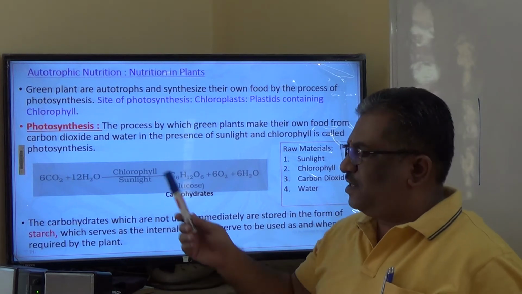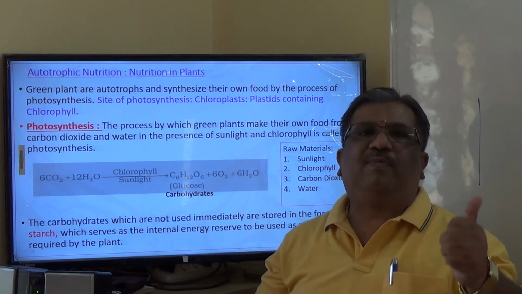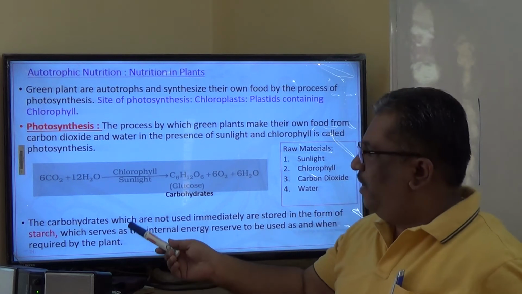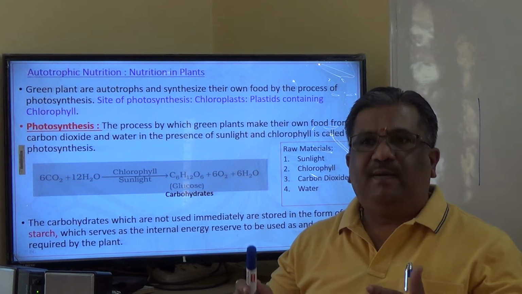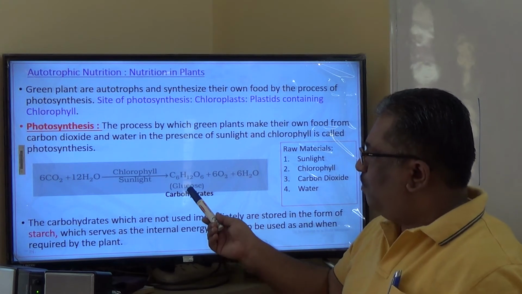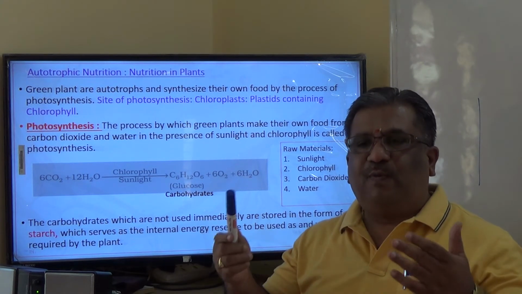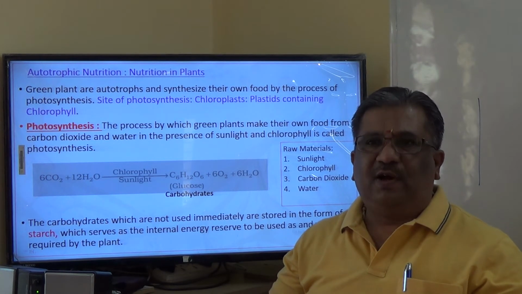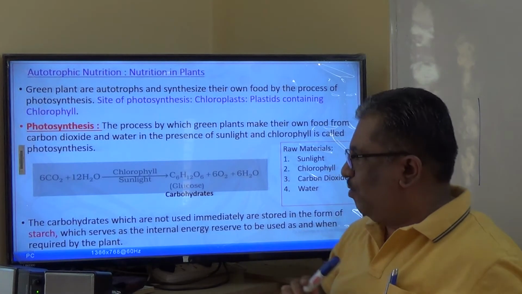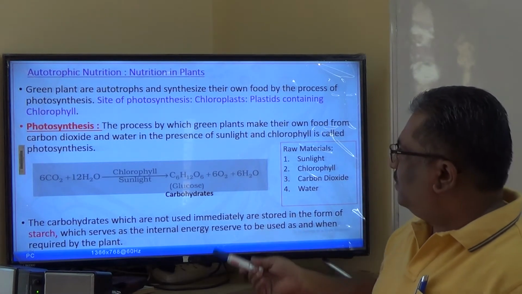First of all, it is a complex organic molecule, and it is a polymeric glucose. Poly means many, mers means units. Glucose is a single unit. If many such units are combined together, then we call that starch, which is a polymeric glucose. I hope you are understanding over here.